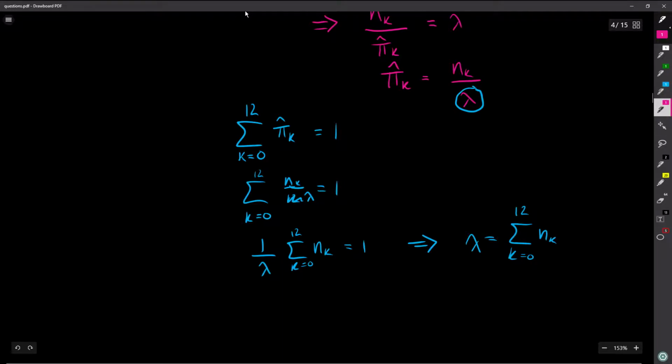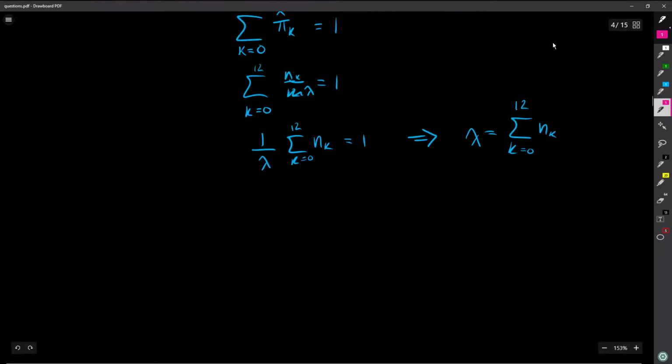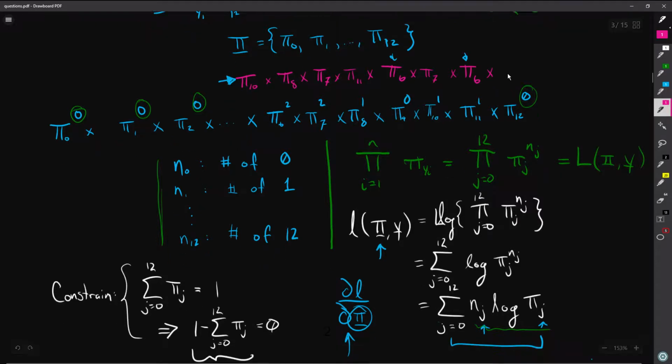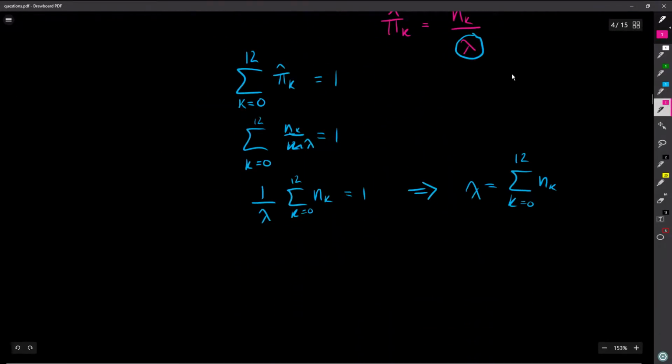So now let's consider the summation here for a second. Remember that nk is defined to be the number of observations with k. So n0 is the number of 0s and n1 is the number of 1s. And so in this summation, we're adding up the number of 0s plus the number of 1s plus the number of 2s and so forth up to the number of 12s. And so we're just adding up all of our observations here. So in other words, the summation of all of these things has to give us n, which was our total number of observations.